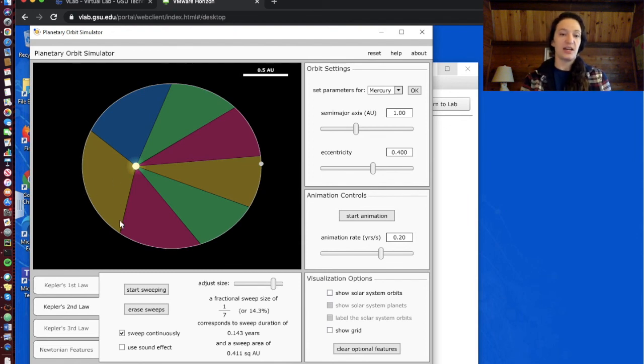So you can see that this triangle here near perihelion has a much larger base but a much shorter height versus one over here near aphelion, which has a much smaller base but a larger height. Those two kind of equal themselves out, so the area contained within those two triangles is the exact same, even though they're in different places.